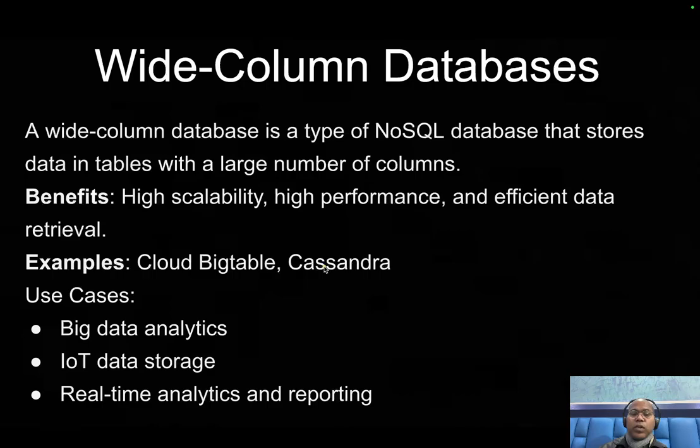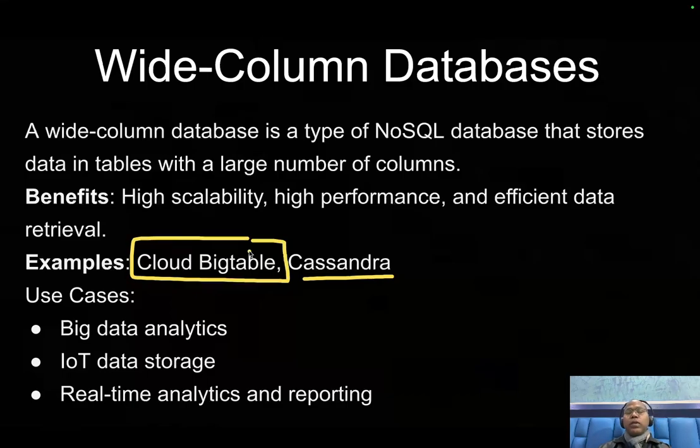If you talk about wide column databases, you are famously aware of Cassandra. Similarly, Google Cloud provides this facility using Cloud Bigtable. Cloud Bigtable is a wide column database. It supports petabytes of data, and analytics teams can run queries and get valuable information from the millions of records stored in your cloud.